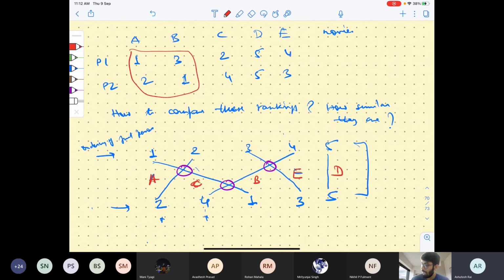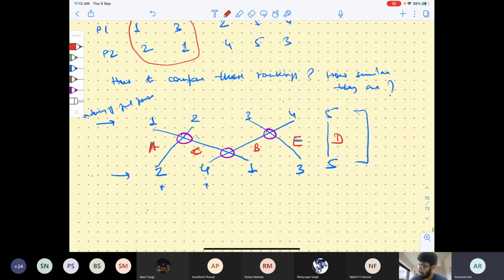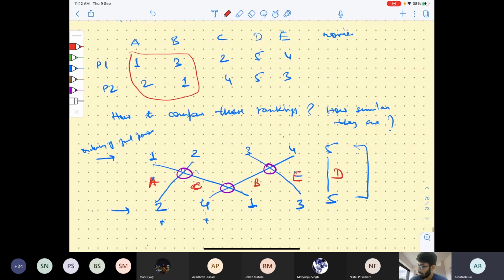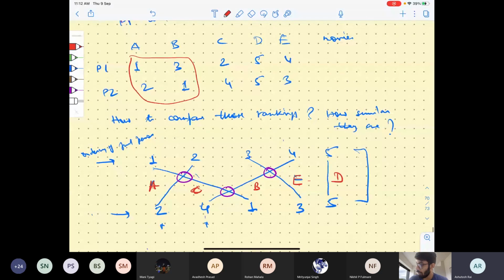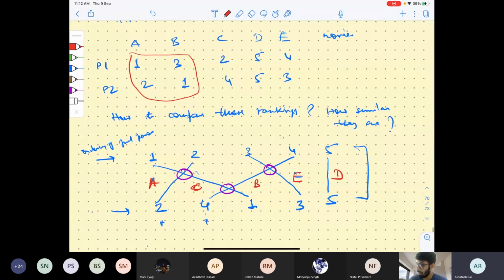Okay, so we are actually looking at the E. So A and E. Again, A and E are ranked 1 and 4 here, but they are ranked 2 and 3 here, which is fine, I guess. So that is not the problem. What is the problem? We'll find the problem looking at these guys.